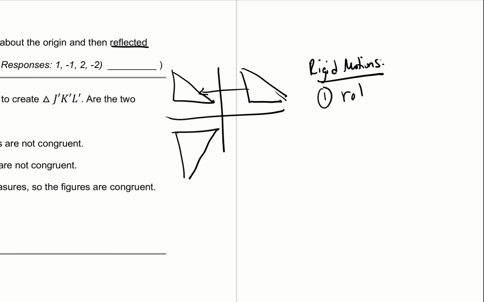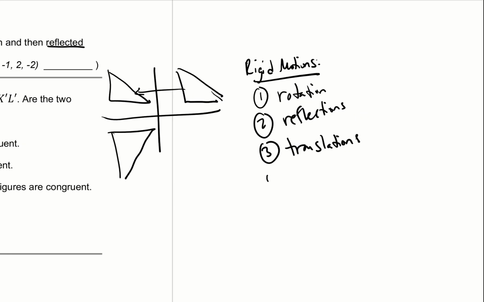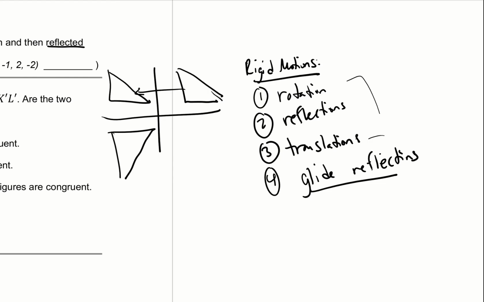Those are rotations, reflections, translations, and any combination thereof, including, but not limited to, what we call glide reflections. There are others, but this one is just a combination of reflections and translations.